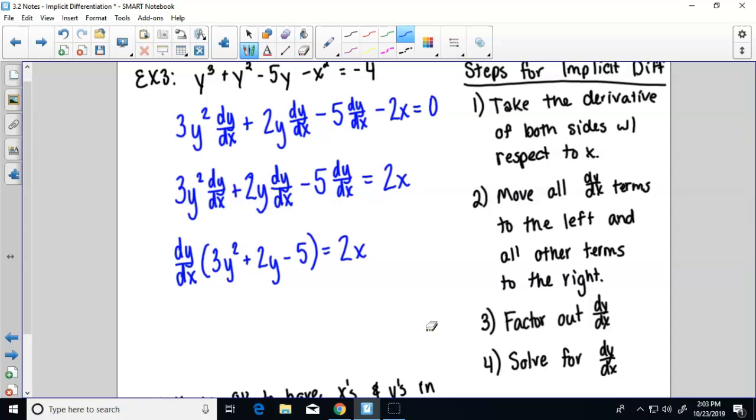And then the last thing we'll do is solve for dy dx. How are we going to solve for dy dx? Okay, right. Divide both sides by that 3y squared plus 2y minus 5 because dy dx is multiplied by that.